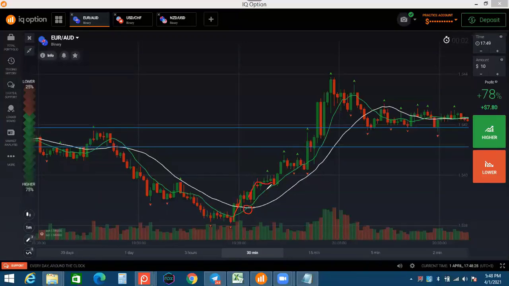Uptrend. And one thing more, I remember now, when you are using the ABC strategy, you can use this same technique in the demo account. When you are getting the ABC setup, place 5 trades for 1, 2, 3, 4, and 5 expiries, right? On every ABC setup, you can test it.